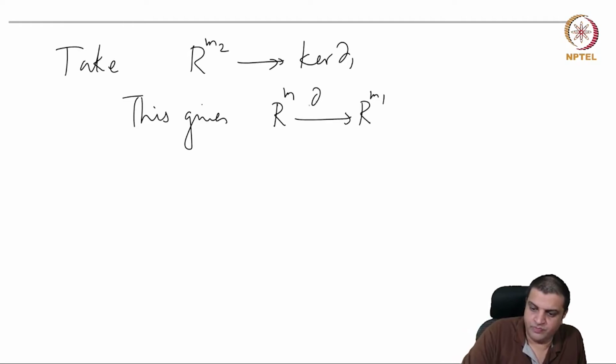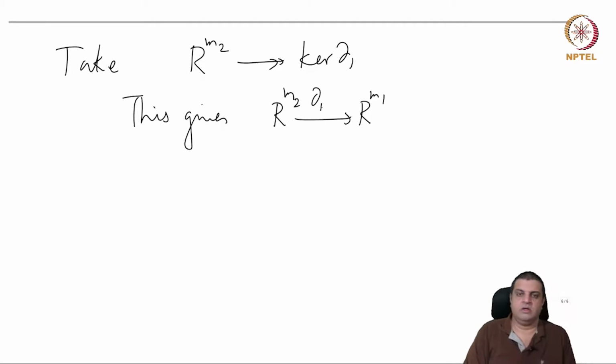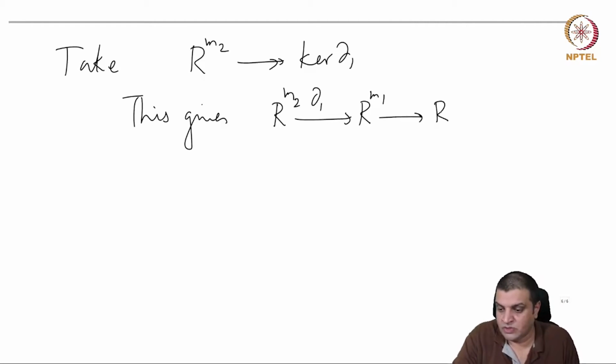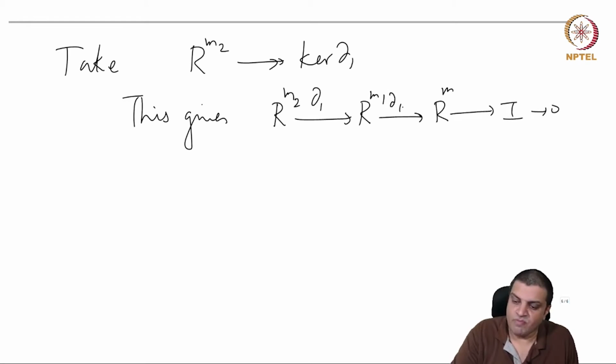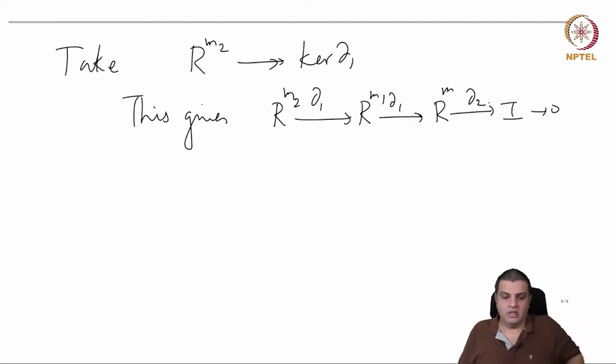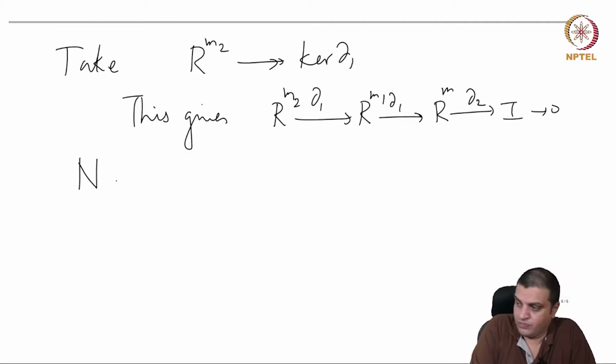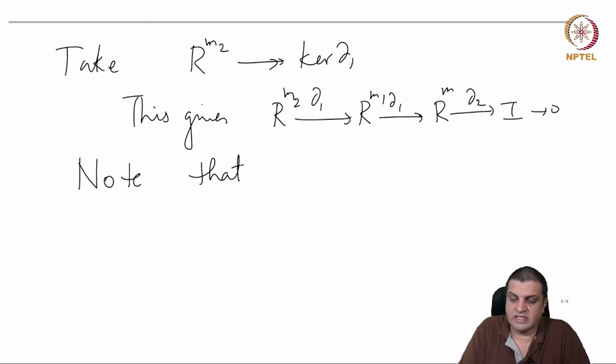And then this goes to Rm, to I, to 0. So note that this is an exact sequence. This is an exact sequence.